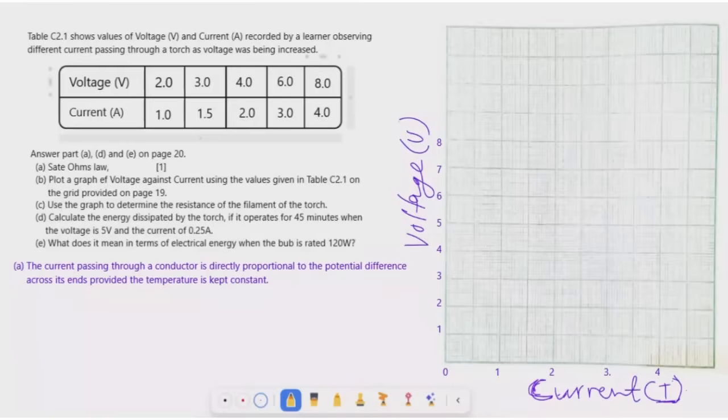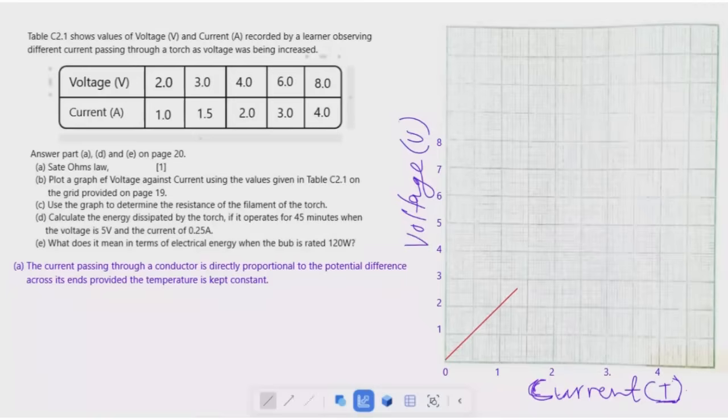Let's start with point 1, where the voltage is 2.0 volts and the current is 1.0 ampere. So the current is reading 1 ampere when the voltage is 2.